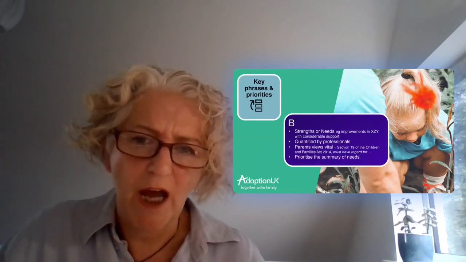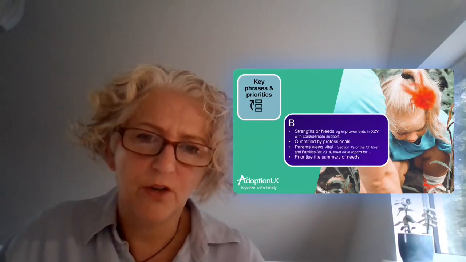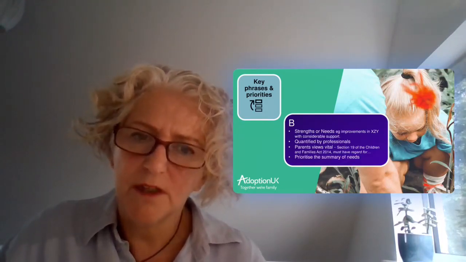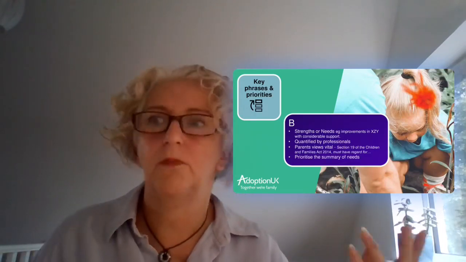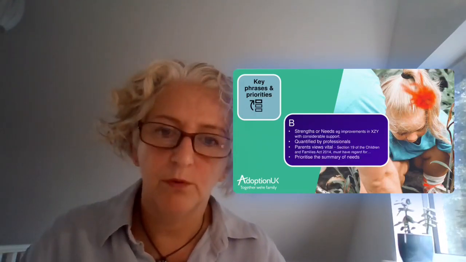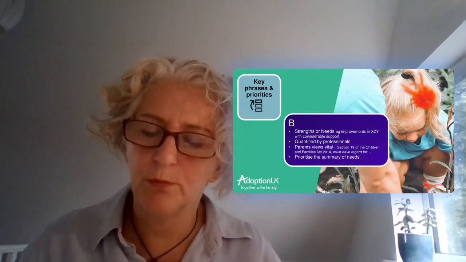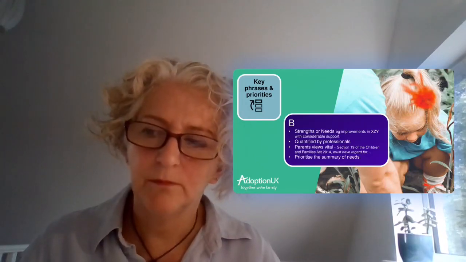As lovely and as important as it is to see strengths of our children, just check that those strengths are truly strengths, because I have read an example here: my child has made improvements in writing, for example, with considerable support.